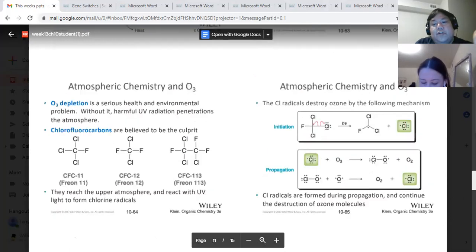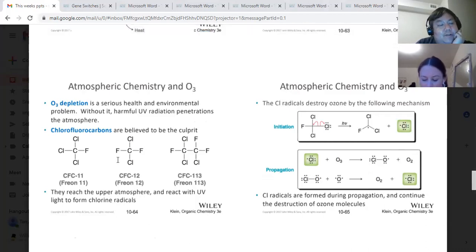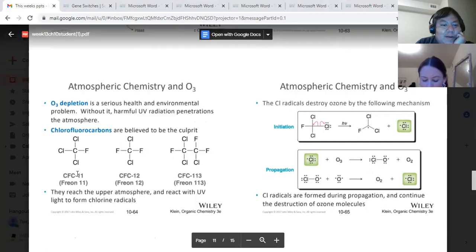Now, back in olden times, before you were born, we used to have these things called chlorofluorocarbons (CFCs), and they used to be in things like refrigeration. Basically Freon, which is what we used to use to cool our refrigerators.